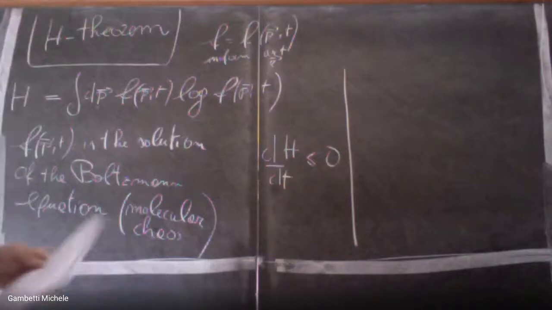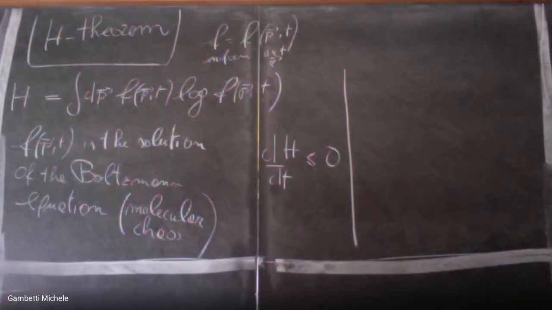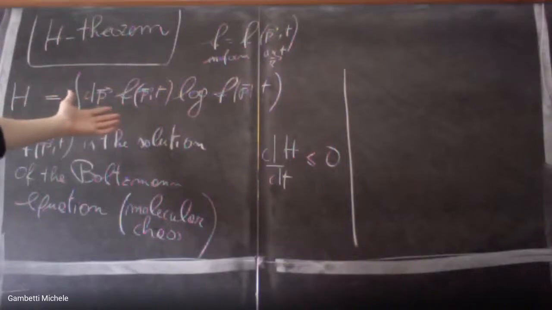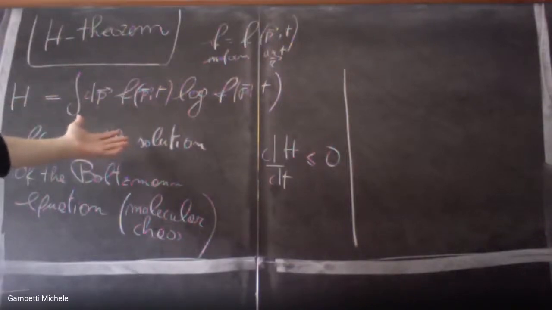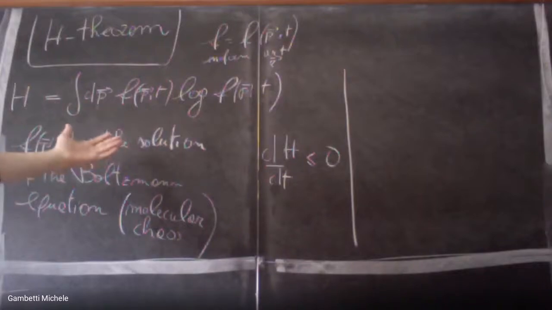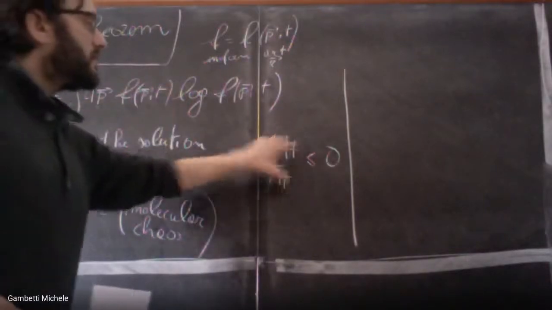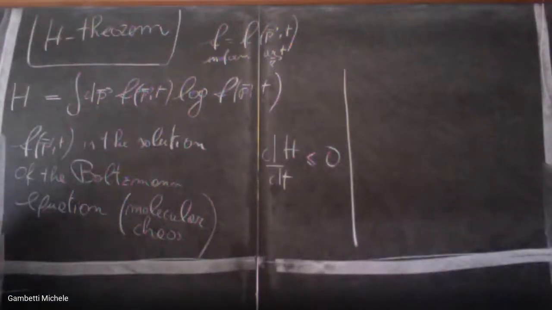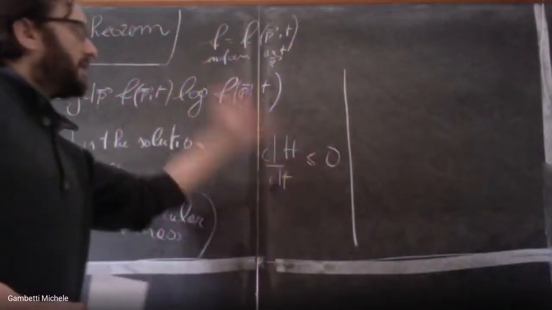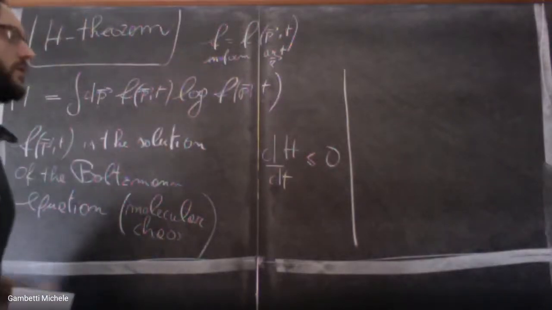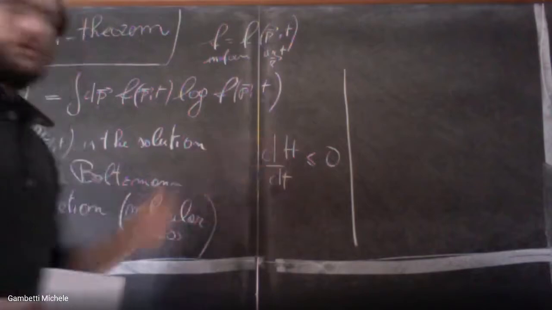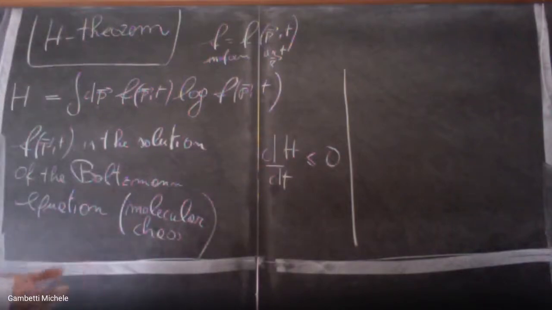Of course, put in this form, it's kind of astonishing because it says that there is a quantity whose evolution is not symmetric with respect to time reversal, right? Because you define a quantity that depends on time, and then it decreases monotonously as a function of time. And at some point it will reach a condition for which dH/dt is equal to 0, which is actually the condition of thermodynamical equilibrium.